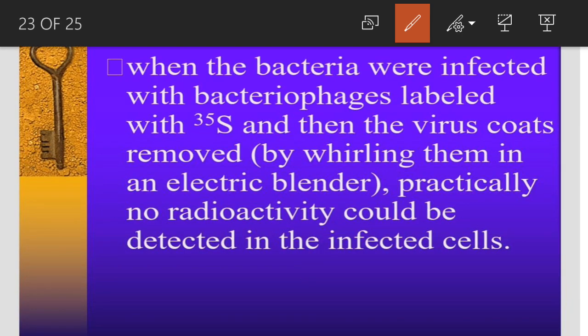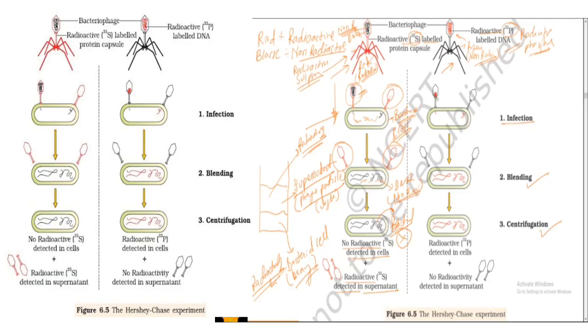Now when the bacteriophages labeled with S35 infected the bacteria and the virus coat was removed, practically no radioactivity could be detected in the infected cells. So this is the complete experiment, or the summary of how the genetic material was identified.